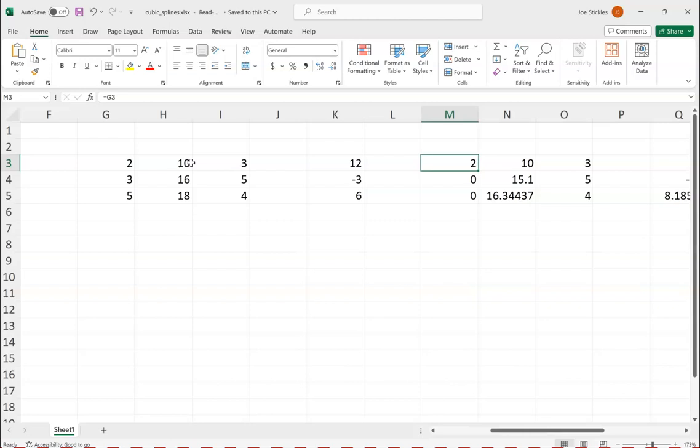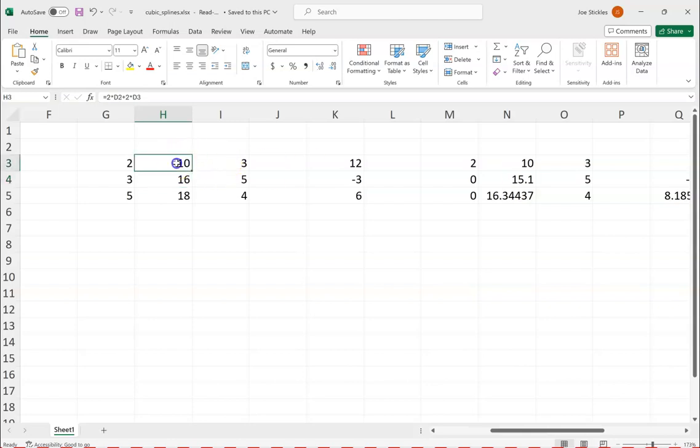So I'm using this 10 right here to get rid of this 3. But remember, in the computation, this 3, we also work off of this 3, multiply it by that negative 3 over 10 in this case, right? And add to this number. That's where the 15.1 comes from, right?